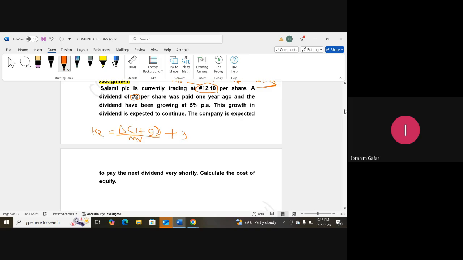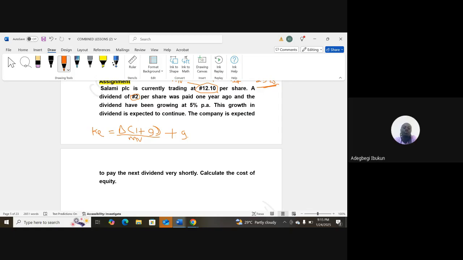So if we want to analyze it one after the other, we ask ourselves, this market value given to you, is it ex-div or cum-div? It is cum-div. Why is it cum-div?